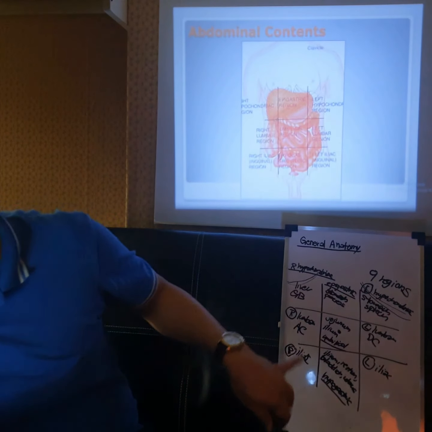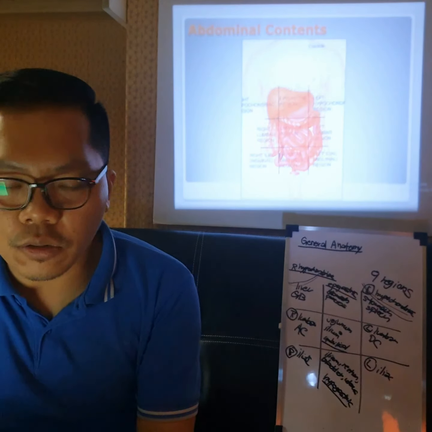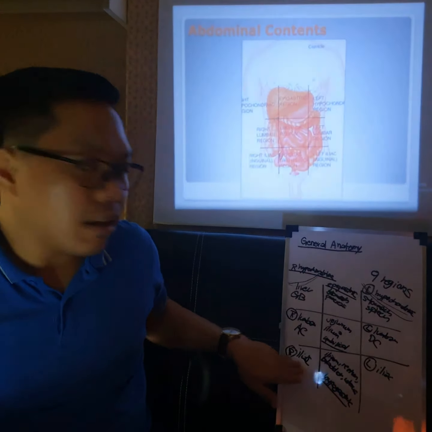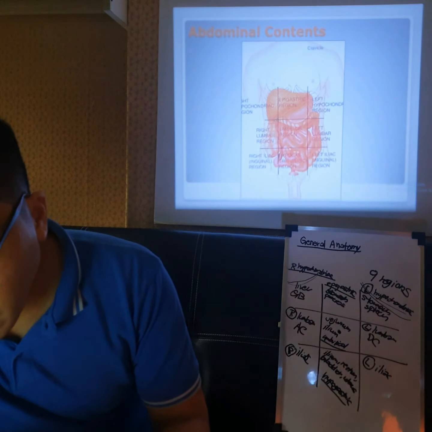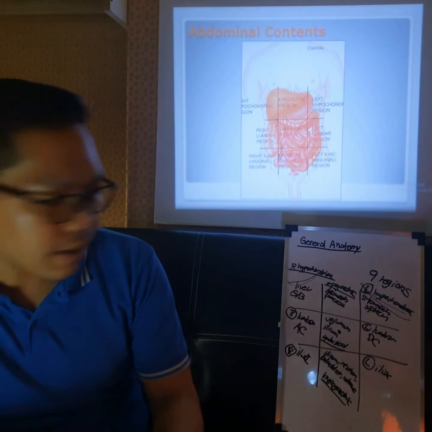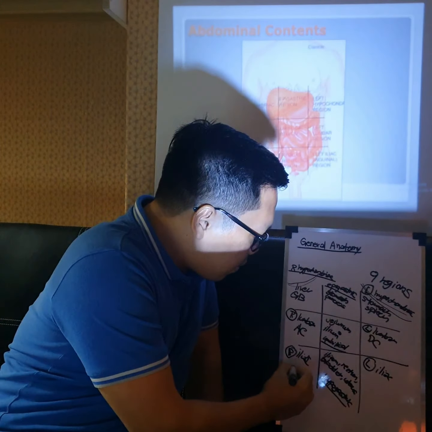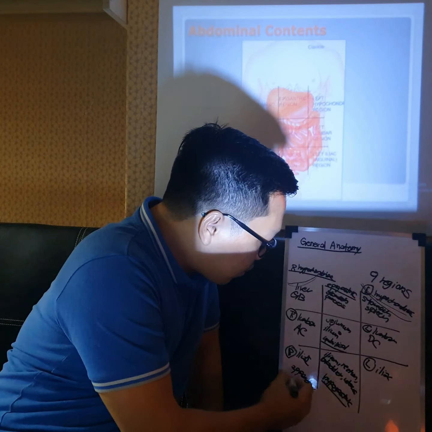Another name for this would also be inguinal region. So it can be right inguinal or also left inguinal region. And what do we see dito sa iliac, right iliac region? We will see here the appendix and also the cecum.